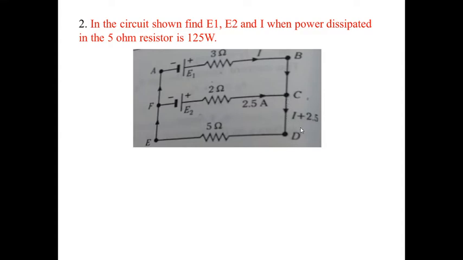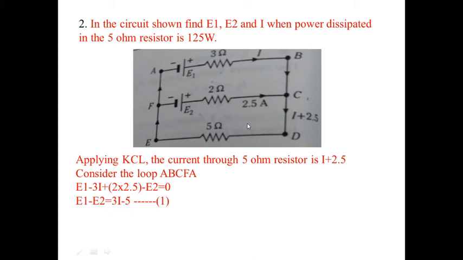Our aim is to find E1, E2 and I. Applying KCL, the current through the 5 ohm resistance is I plus 2.5.